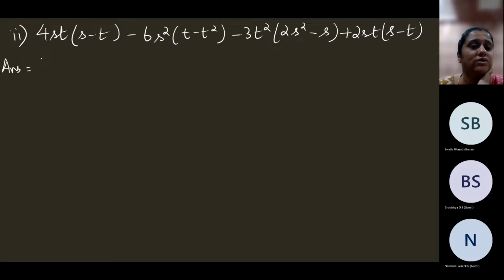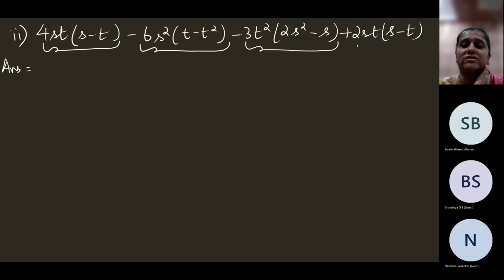So see here, 4st into s minus t, 6s square into t minus t square, 3t square into 2s square minus s, 2st into s minus t. When you're multiplying, you should multiply the signs first, then the numbers, and then the letters.